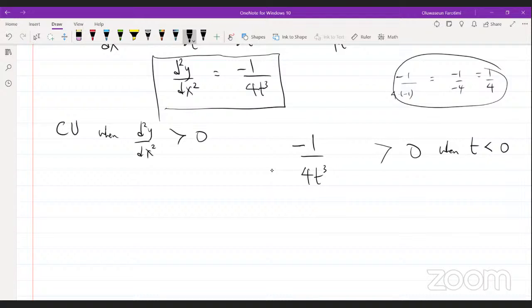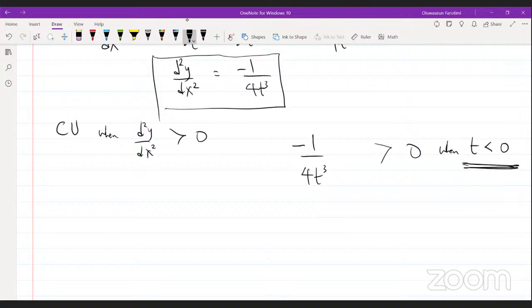But if t is a positive number, say t equals 1, 1 cubed is still 1, and then you still have negative 1/4. Negative 1/4 is a negative number. So this is concave up when t has to be less than 0. That's the condition. Make sense, guys? Okay.